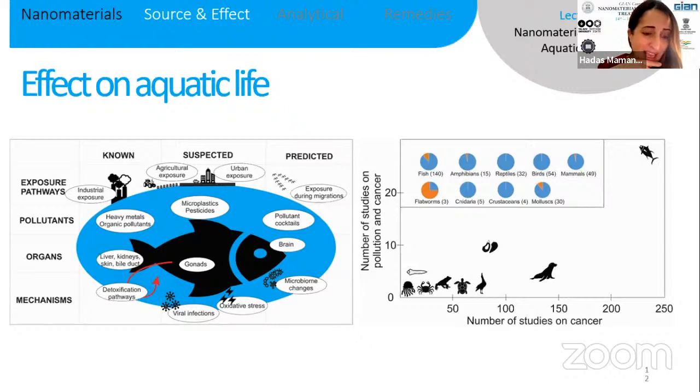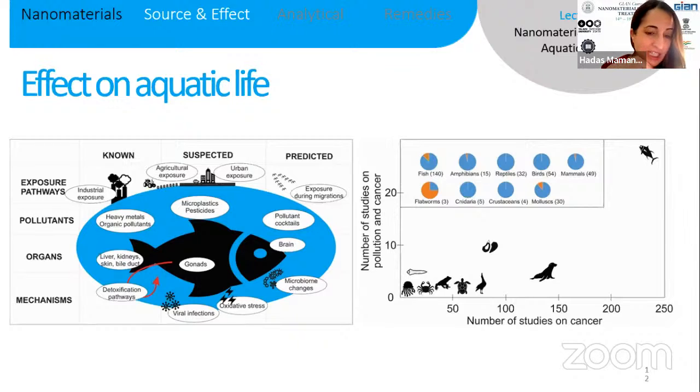And if we look at figure 2, for example, the y-axis is the number of studies on pollution and cancer, and the x-axis is the number of studies on cancer.